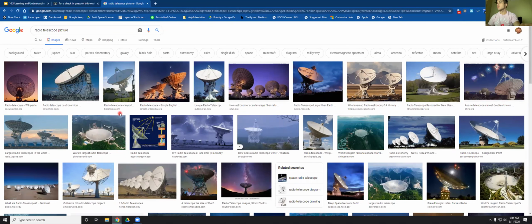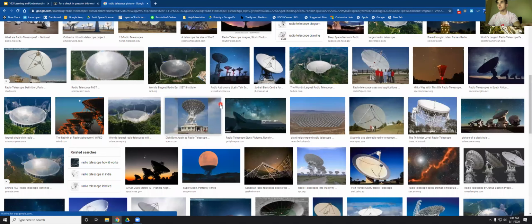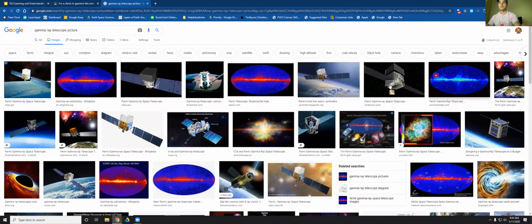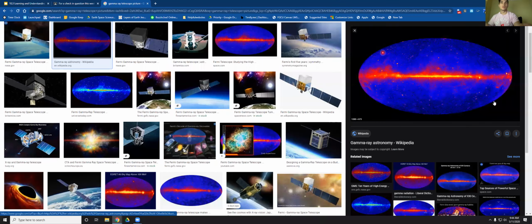I guess they don't even have pictures here. How about a gamma ray? There we go. These are what the gamma ray telescope pictures look like. A lot of times they'll come from what we call probes.